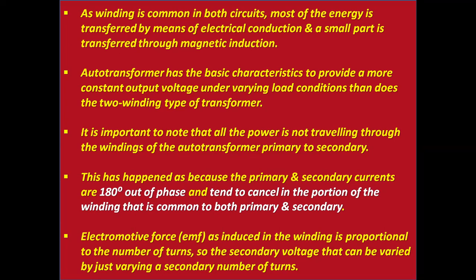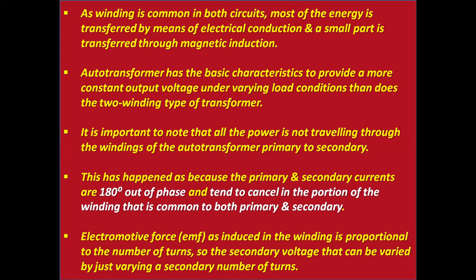An autotransformer has the basic characteristic of providing a more constant output voltage under varying load conditions than does the two-winding type transformer. It is important to note that not all the power travels through the winding of the autotransformer from primary to secondary.